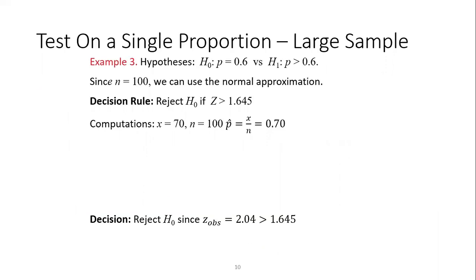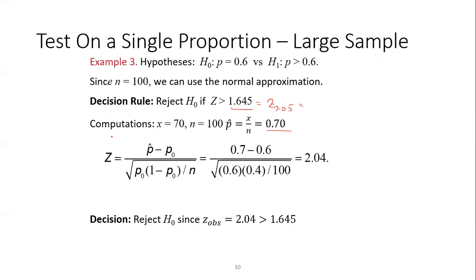So first, look at the z critical, which is z sub 0.05, equal to 1.645, and p hat is equal to 0.70. My z observed comes from my test statistic.